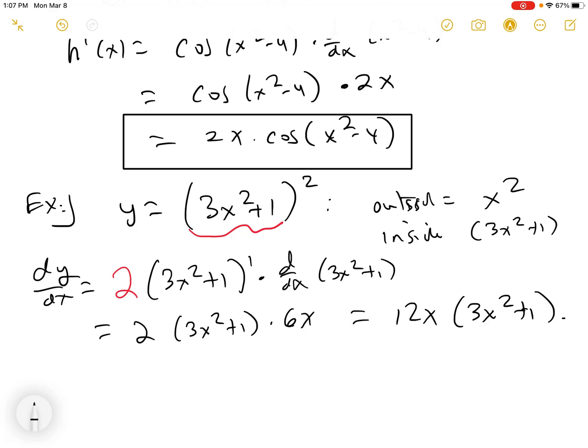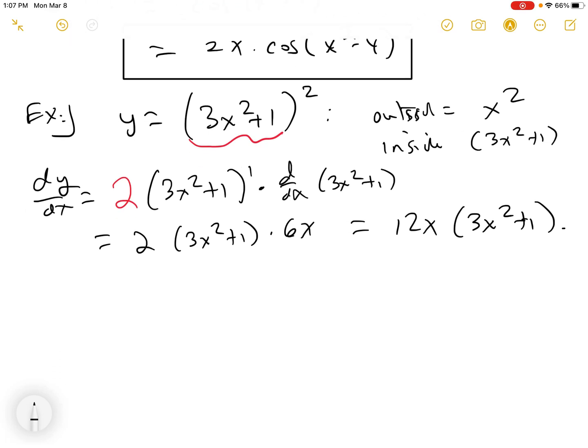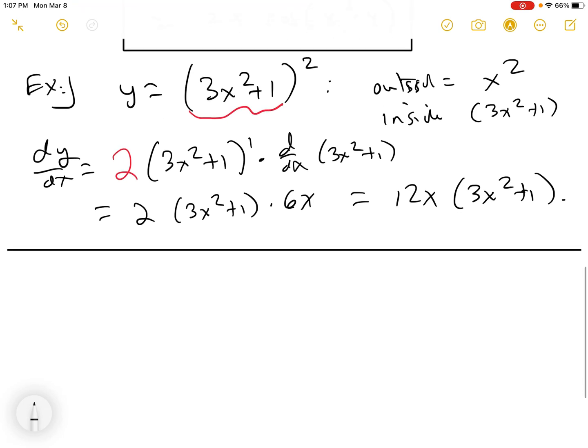All right, so this is Newton's notation, f prime, g prime, and it's important for us, especially in the near future, to also understand how to do this with the Leibniz notation. So it's the same operation, it's just different notation, right? And so what Leibniz said, let y equal f of u, and then u equals g of x. So f of u is f of g of x, and that's the composition.